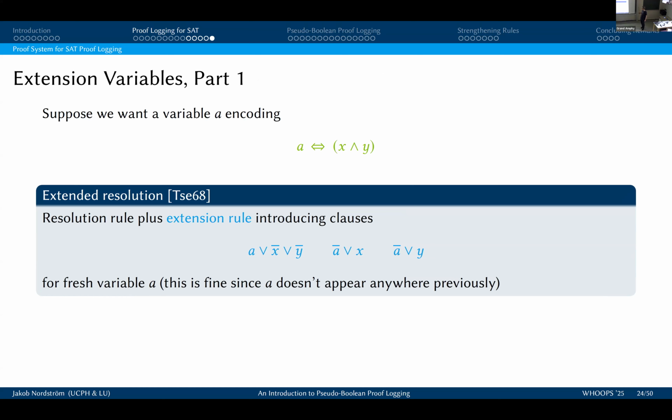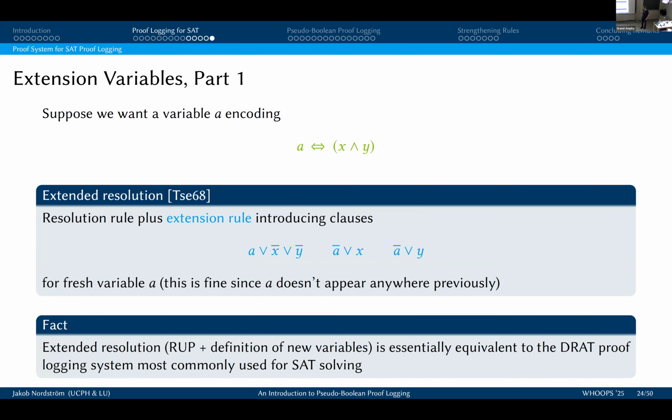I can say that if A is a fresh variable, then it should be okay to just introduce these three clauses: A or not X or not Y, not A or X, not A or Y. If you look at it, this is defining A to take the same truth value as the conjunction of X and Y. And again, we don't have time to go into too much detail, but if I take the resolution proof system I told you about before, or RUP, and I take this extension rule, this is essentially what modern proof logging systems in SAT contain. Proof systems like the DRAT proof system.